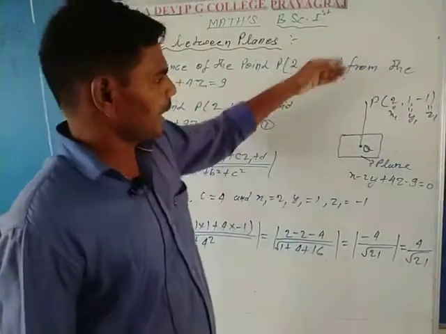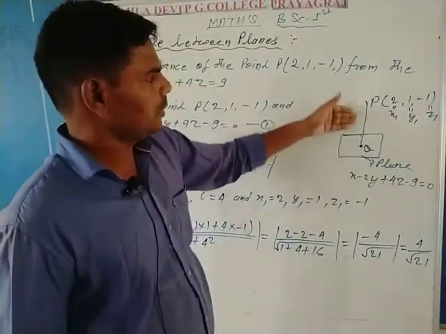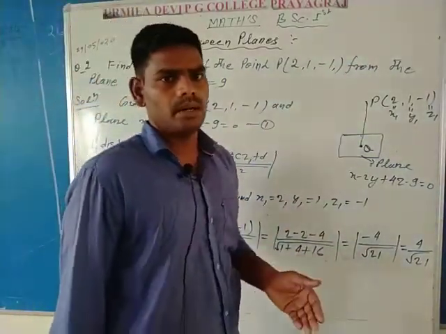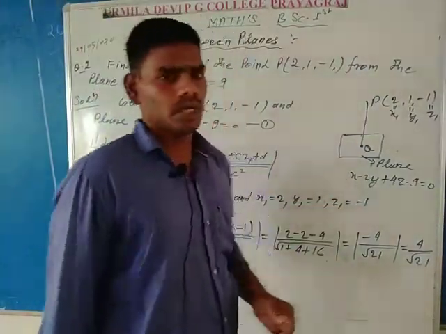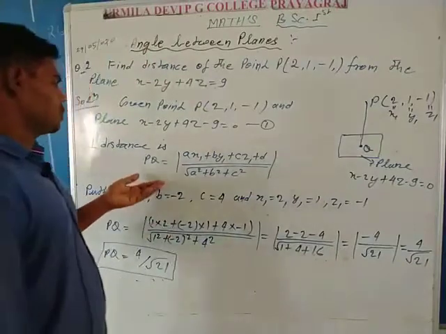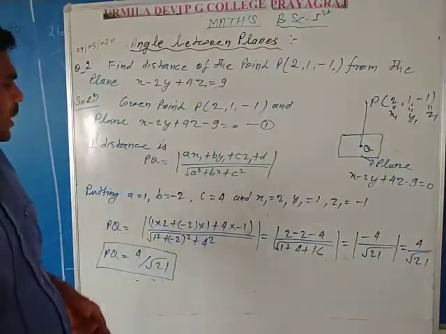Now our aim is to find the length PQ from point P to the given plane. Therefore we draw a perpendicular PQ to the given plane and use the perpendicular length formula directly.